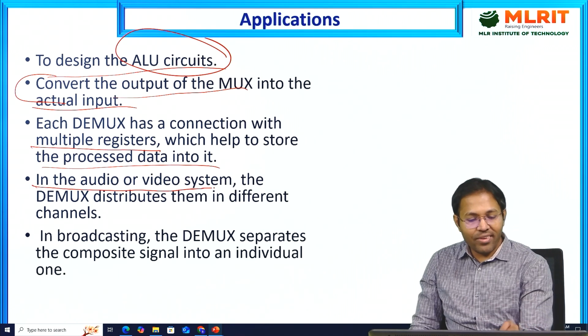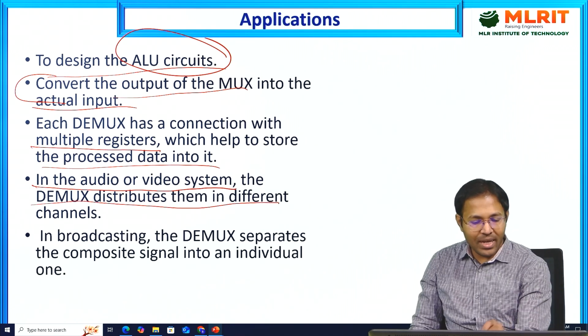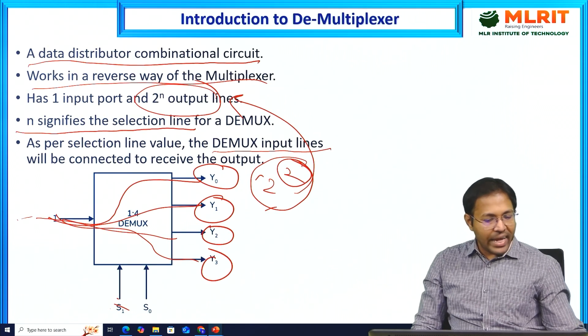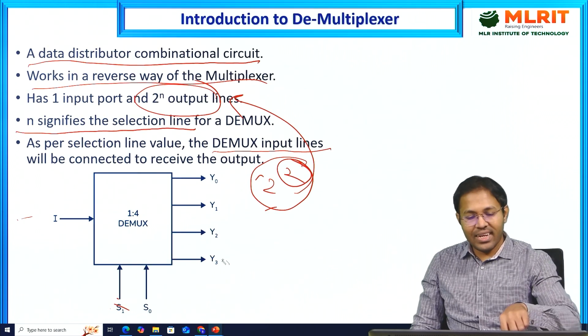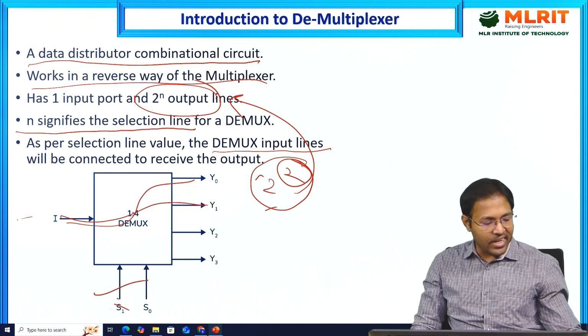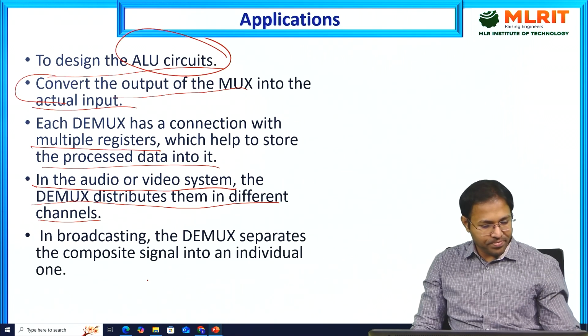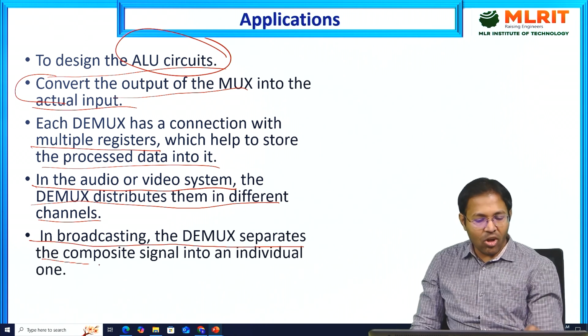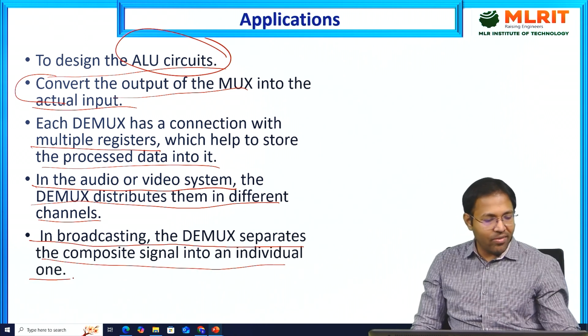In an audio or video system, the demux distributes them to different channels. Again, the given signal can be distributed to different channels by using the selection lines. In broadcasting, the demux separates the composite signals into individual ones.